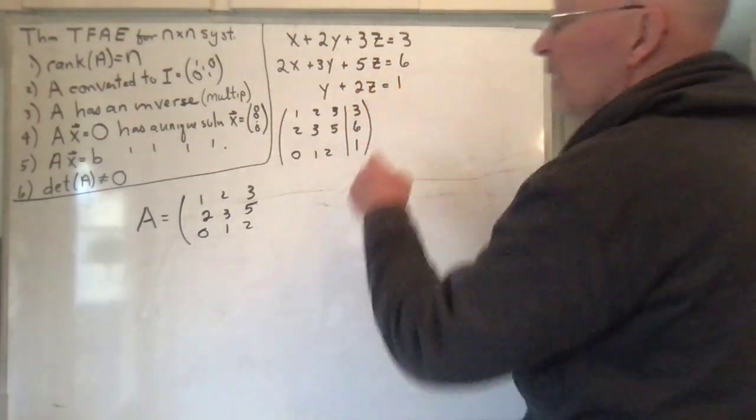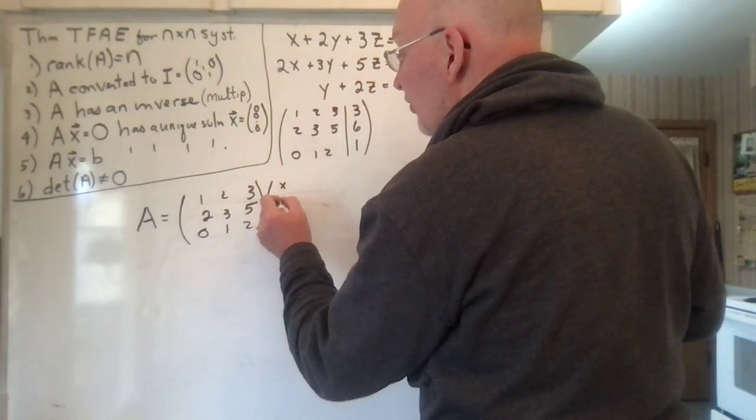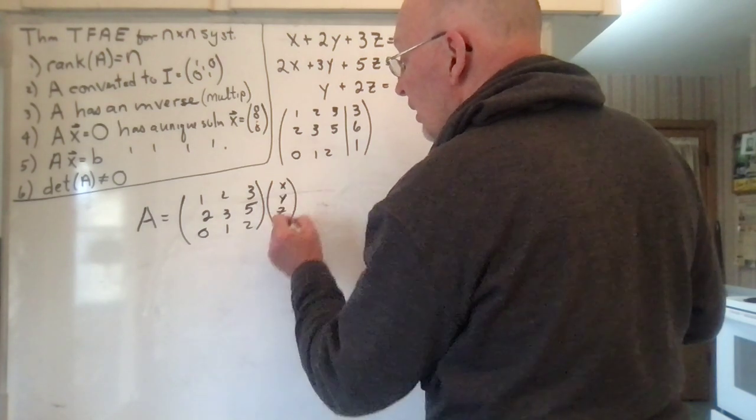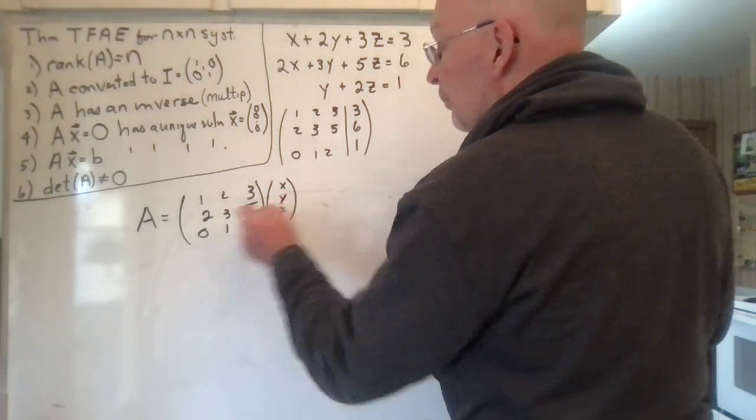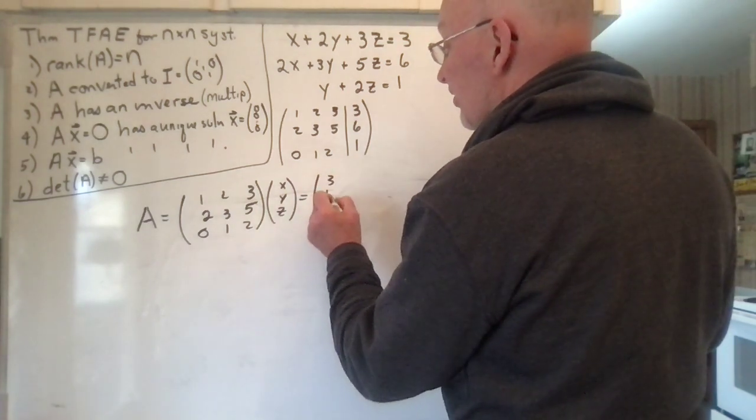There's the matrix A. And then if I multiply it by the matrix x, y, z, that product has got to be equal to 3, 6, 1.